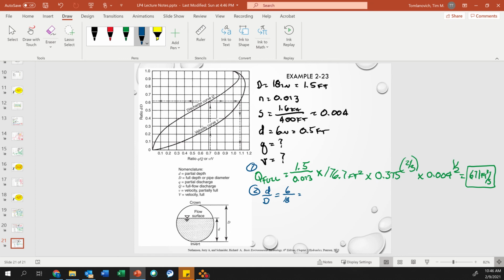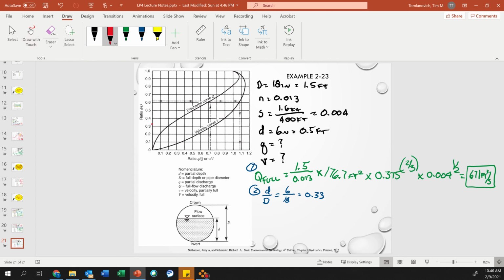And that equals 6 divided by 18, 0.333. So that's my ratio of partial depth over full depth, and let's go find that on our chart. 0.333 is somewhere right around there.